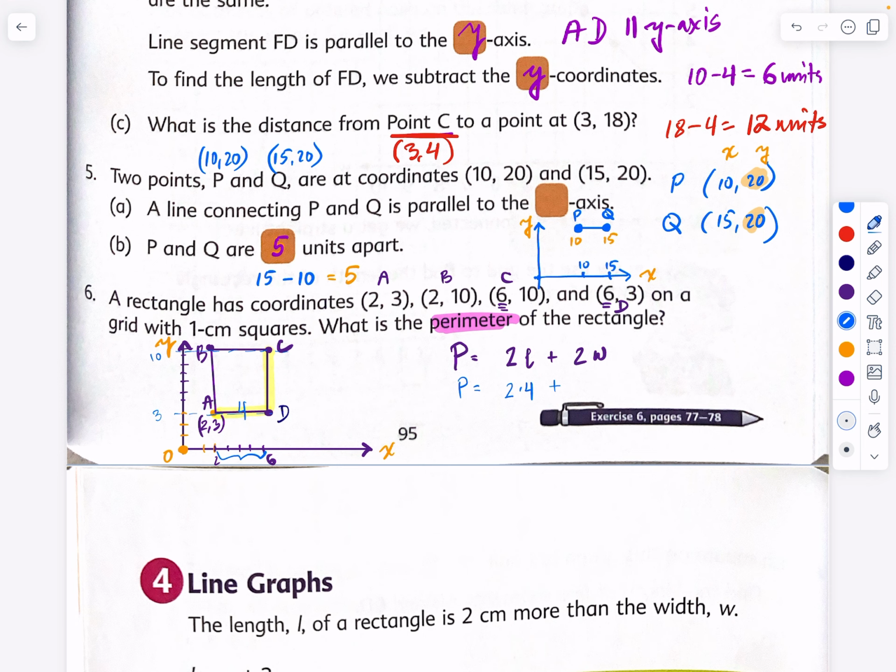So this is between 10 and 3, so this is 7 plus 2 times 7. And the total is 8 plus 14, and I hope you calculated correctly. We have 24. What are the units? Well, they told us these are centimeter squares. 24 centimeters is the length of the perimeter.